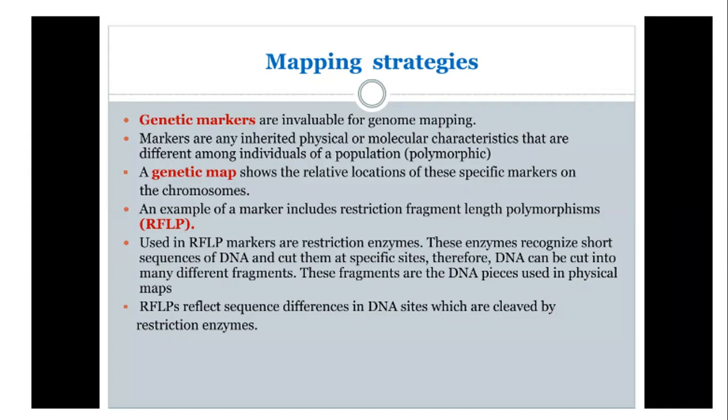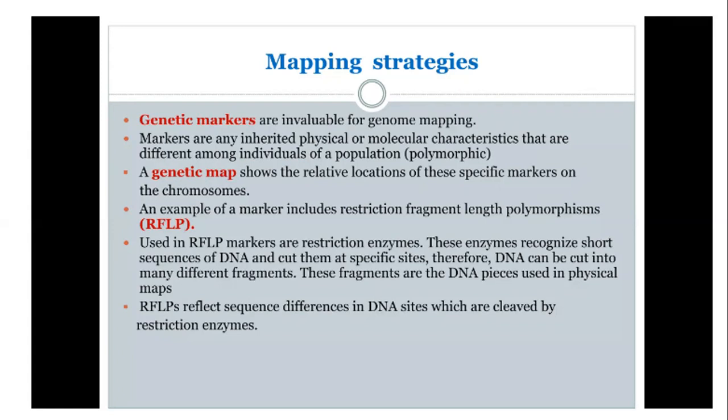An example is restriction fragment length polymorphism, in which restriction enzymes are used, and these enzymes recognize short sequences of DNA and cut at those specific sites. Therefore, DNA can be cut into many different fragments, and these fragments are DNA pieces used in physical maps.